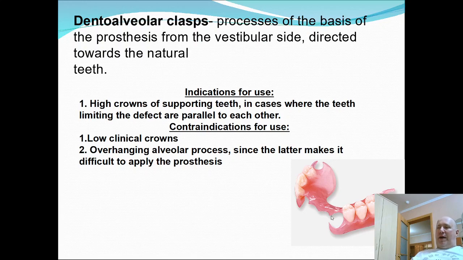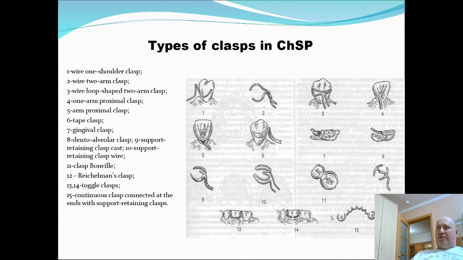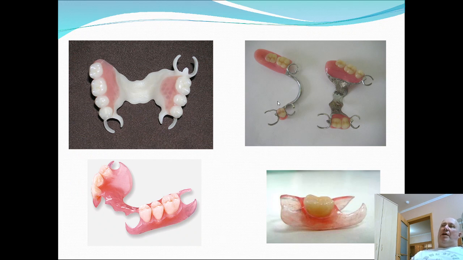And here the combined. Let's return to this one. Here we can use combined fixation. First, we use this one, but here are the vestibular parts of clasps, and when your patient smiles, they can be in the range of vision, yes. Here you can use, for example, nylon material for this.